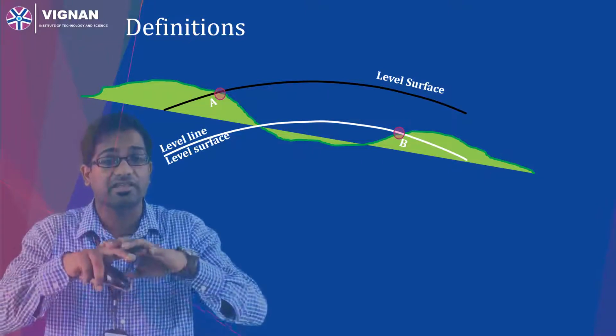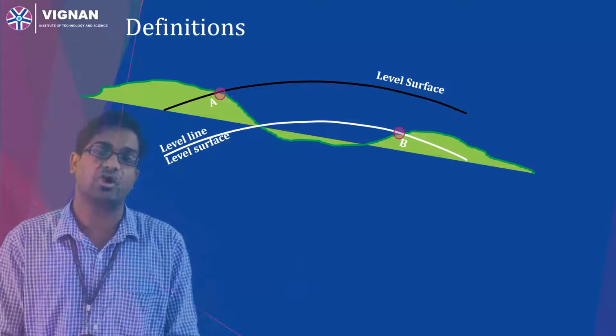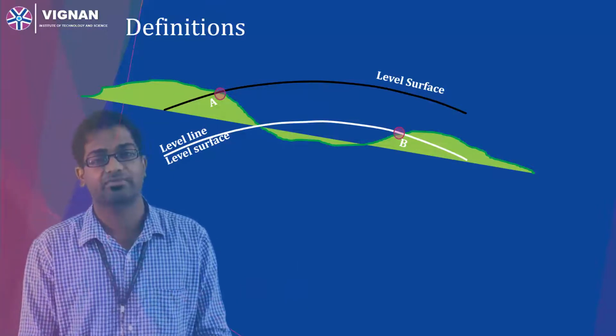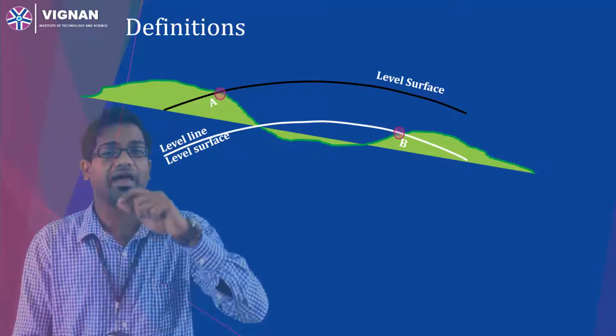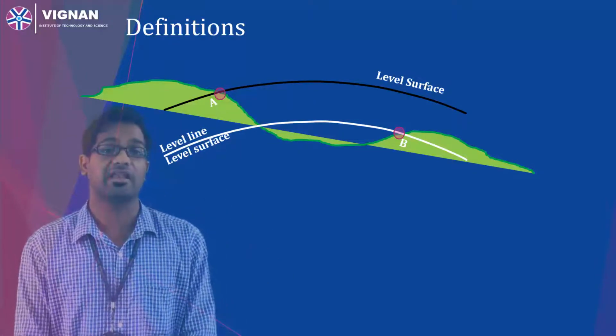A surface which is parallel to the earth's spherical shape is called a level surface. And if you draw a line in the level surface, then that line is called a level line.